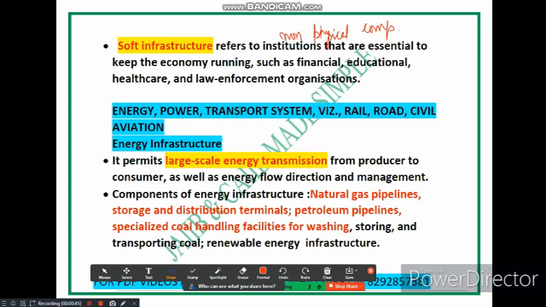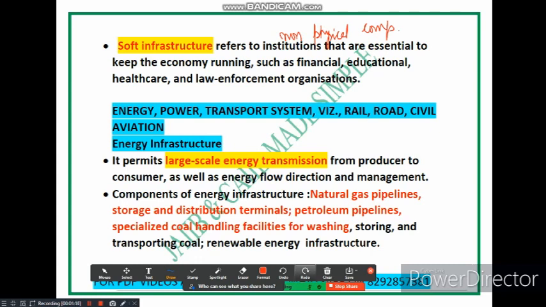These are institutions and services that are necessary for a well-functioning society. Examples include banks, financial institutions that provide financial services, schools and universities that provide education, hospitals and healthcare facilities that provide medical services, and law enforcement organizations that maintain law and order. These are the different examples of soft infrastructure.